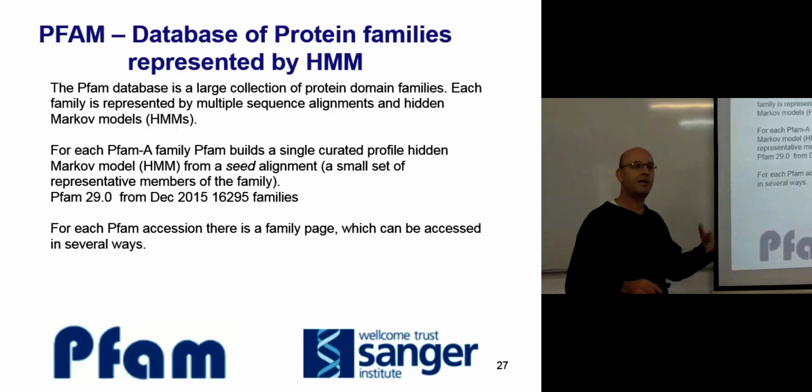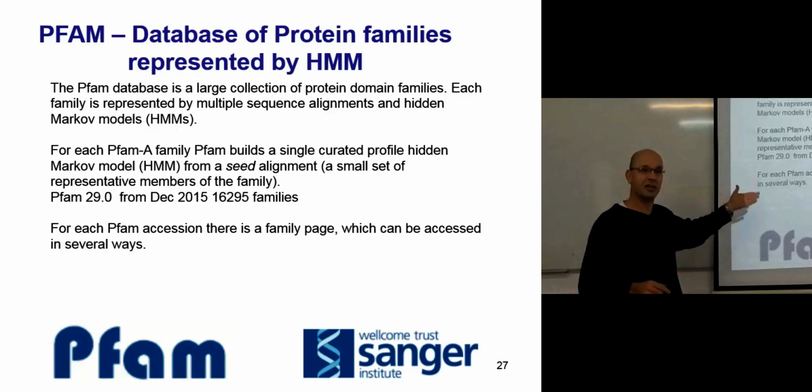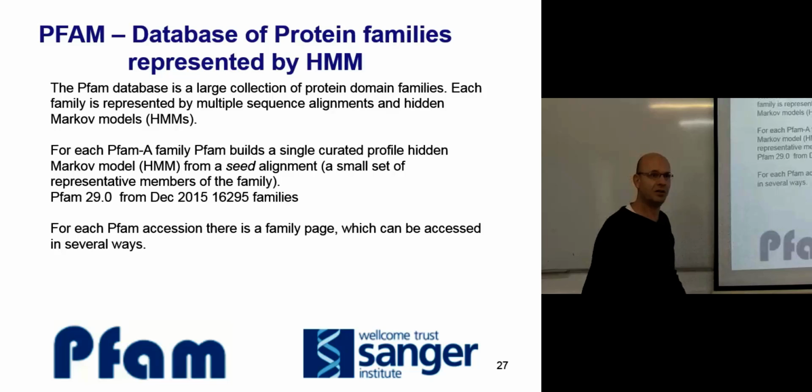So, evolutionary trees, which were derived from multiple alignments, like Ron taught you. Everything related to multiple sequence alignment is here for each protein family. Very convenient. There are about 16,000 protein families as of last year.